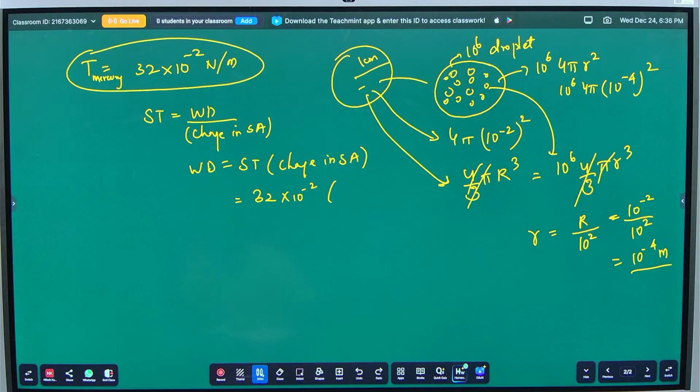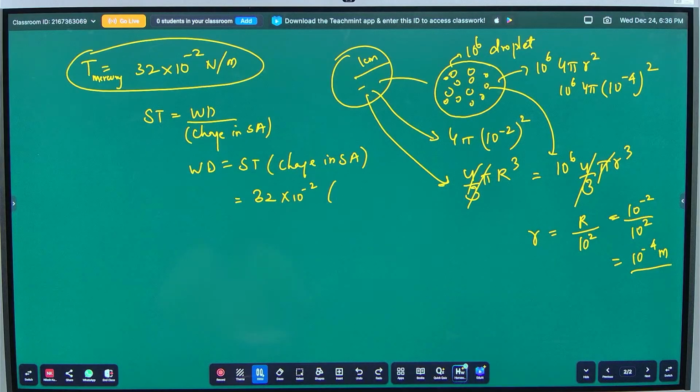Calculate the work done in blowing a soap bubble from radius 2 centimeter to 3 centimeter.